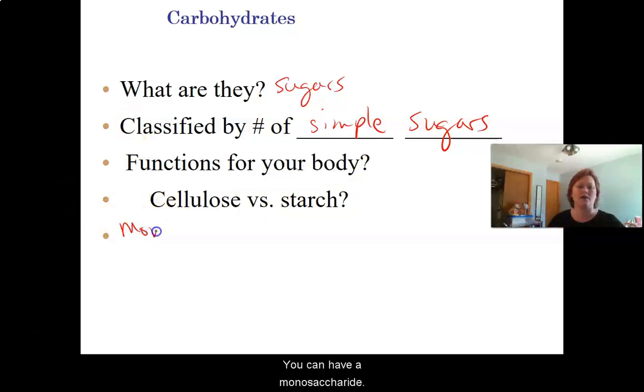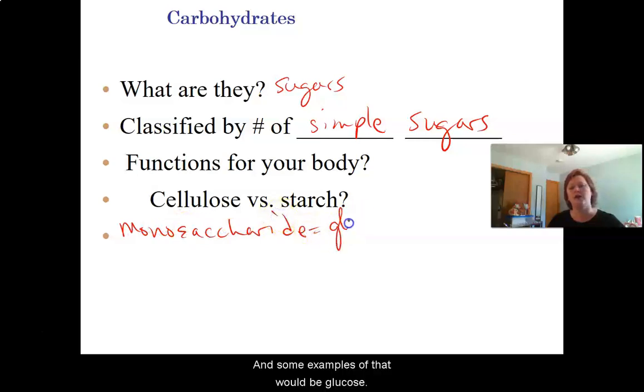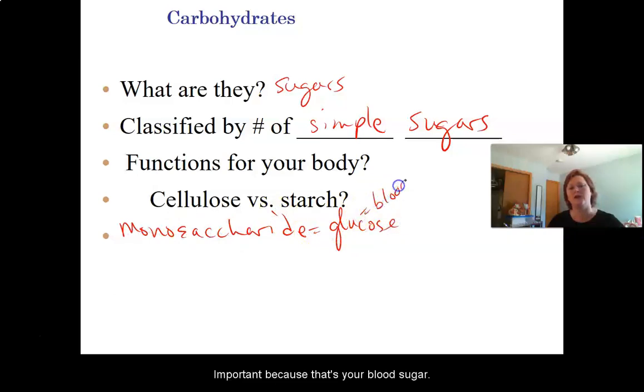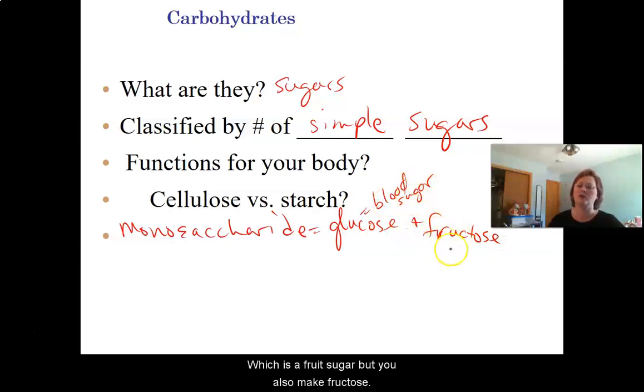You can have a monosaccharide, and some examples of that would be glucose, which is important because that's your blood sugar, and fructose, which is a fruit sugar, but you also make fructose. We'll talk about that later on.